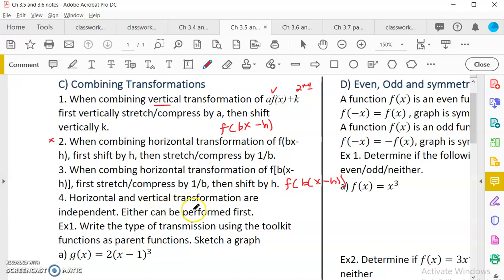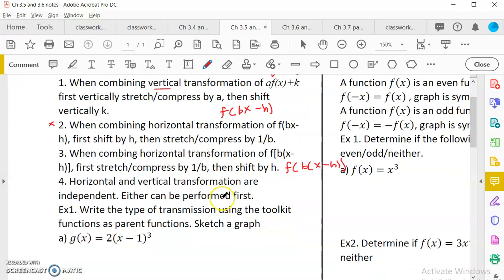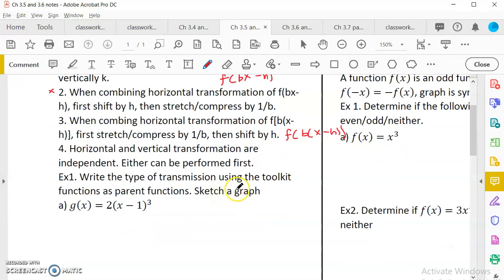Okay, they are independent, so you can do vertical first or you can do horizontal first. Reflection is the same as doing a stretch. So it would be nicer if you factor, then you can do the reflection first.